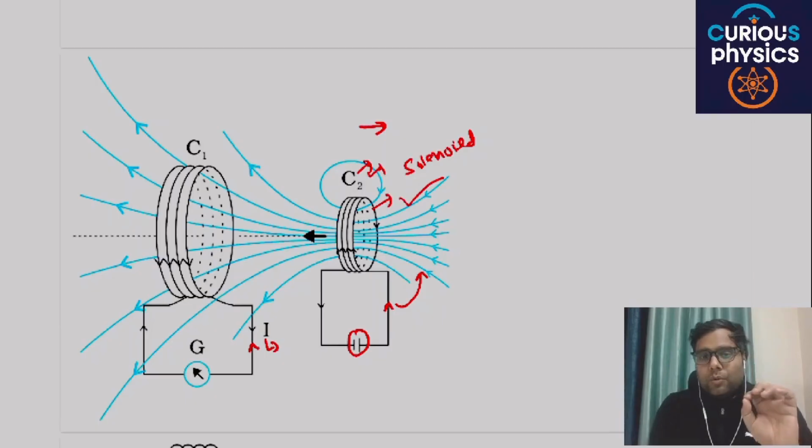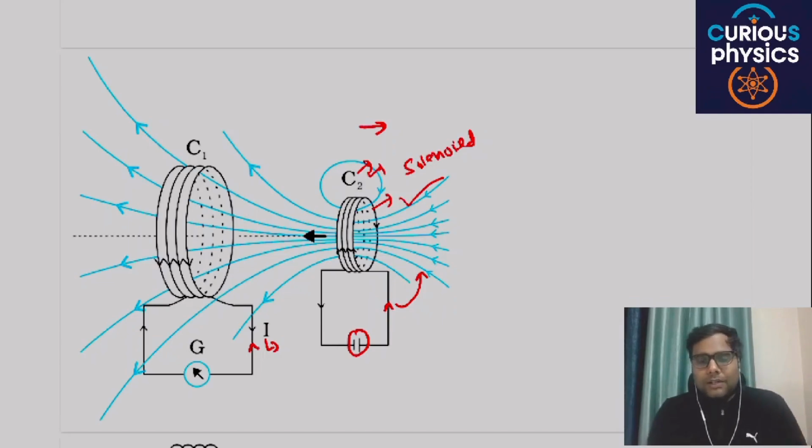The relative motion is not the basic condition. The basic condition is change in magnetic field. So this particular relative motion is basically the reason behind the change in magnetic field in coil C1. So you have to just find a way to change your magnetic field in coil C1.